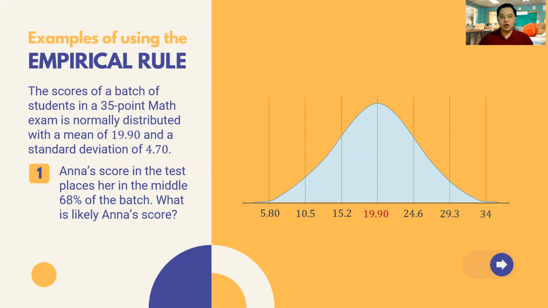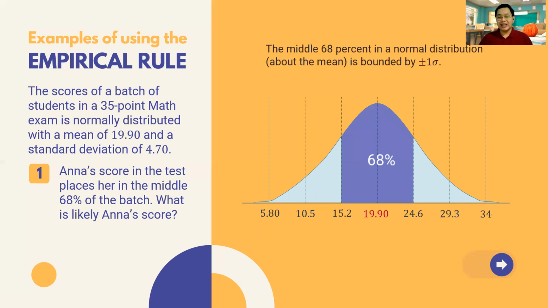All right. So going back to the question, we are asked to find what are the possible values for Anna's score. We cannot actually determine what exactly is Anna's score in the test. But since we know that it should be in the middle 68%, and we also know that the middle 68% in a normal distribution is bounded by the +1 and -1 sigma or standard deviation about the mean, then these values should correspond to anywhere between 15.2 and 24.6.